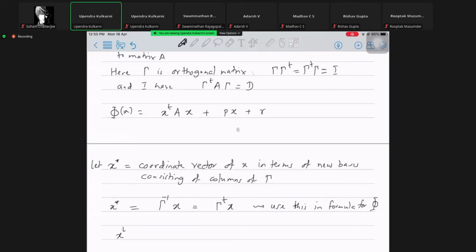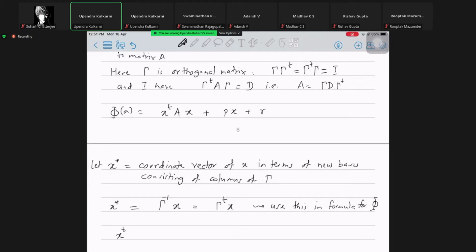X transpose, and then A. I want to get this in terms of the diagonal matrix, so I will substitute for A in terms of D. In other words, A is equal to gamma D gamma transpose.